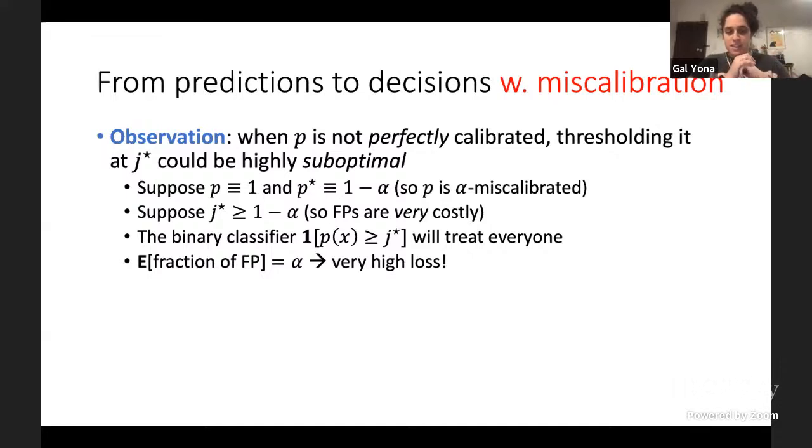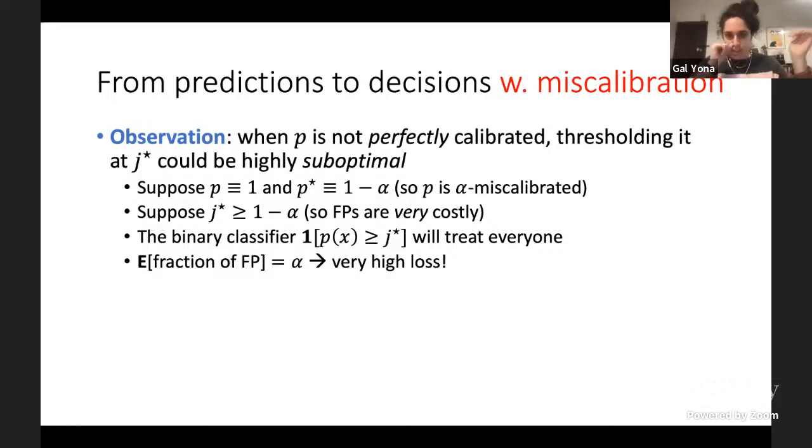And I have here an intuitive example that I'll revisit and make formal a bit later. Think of a very simple setting where for the entire population, P star is at 1 minus alpha for some small alpha, and P, the prediction, is at 1.